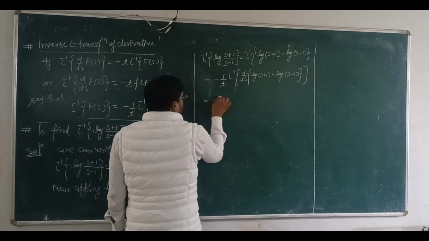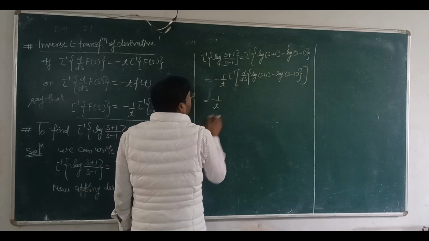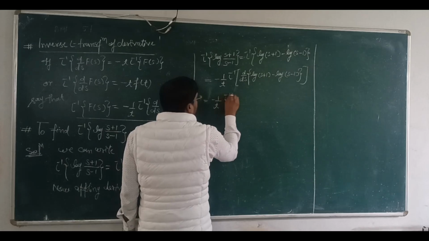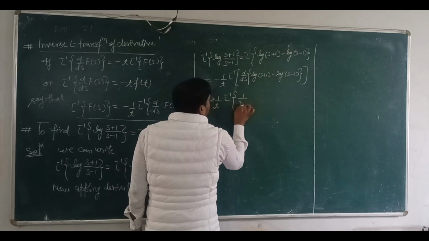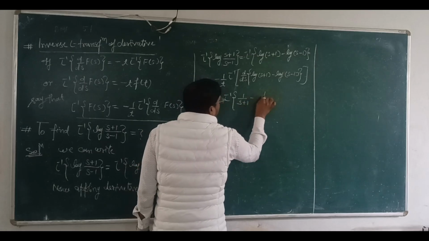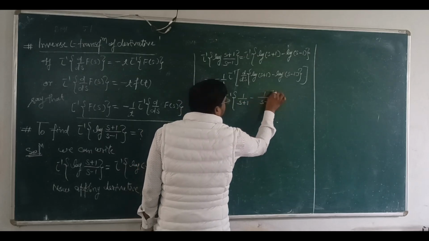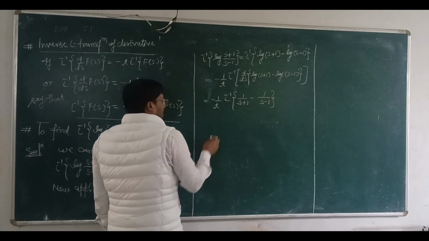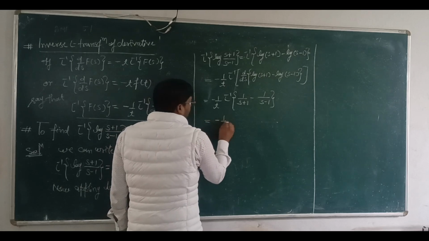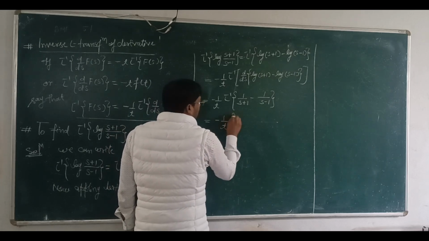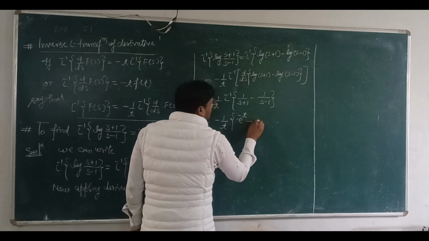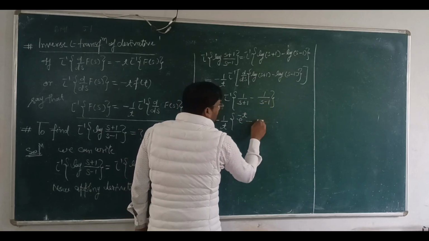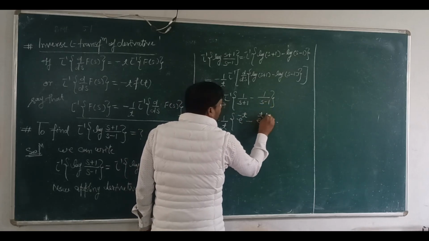Now 1 upon t L inverse of log, this means 1 upon (s plus 1) minus 1 upon (s minus 1). Now applying the inverse Laplace, 1 upon t, this is a function of e to the power minus t, minus this is a function of e to the power t.